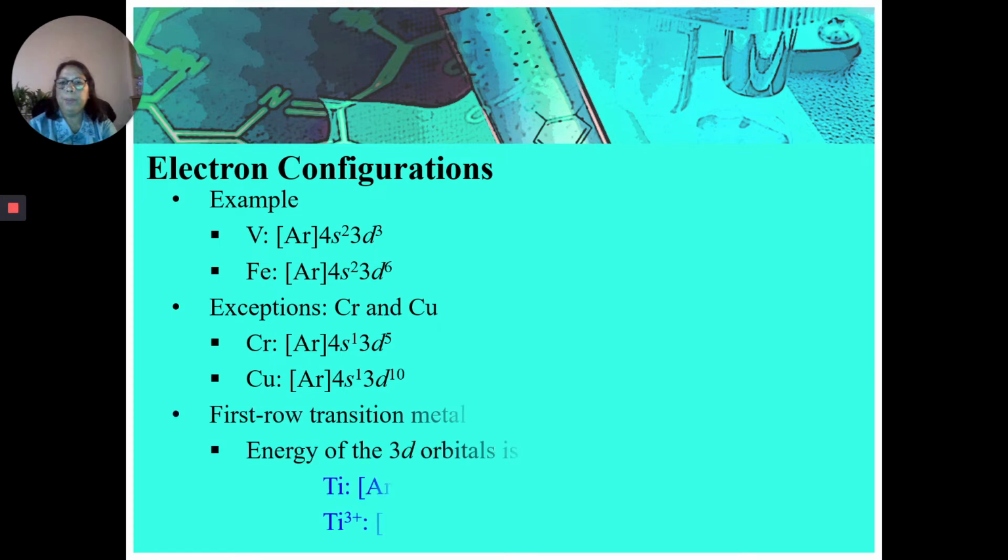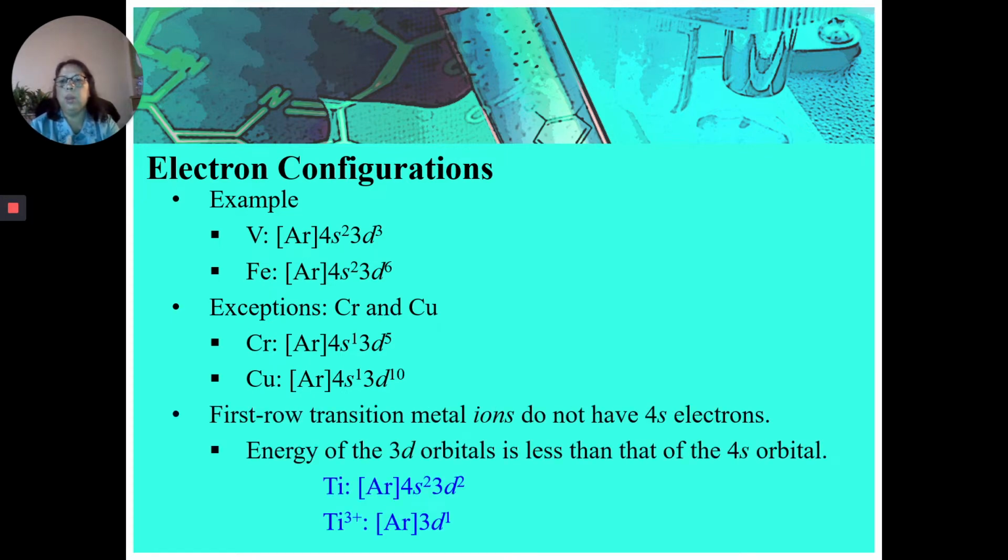In terms of electron configuration, you have here some examples showing that there are some rules to follow also. For the first row transition elements, the first row transition metal ions do not have 4s electrons.